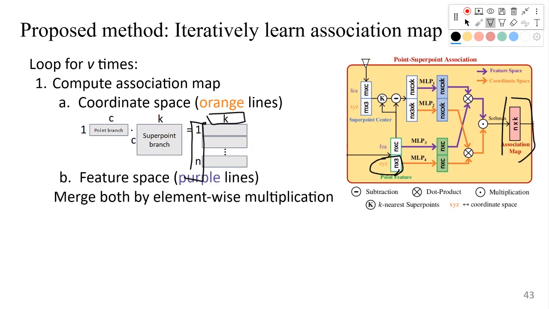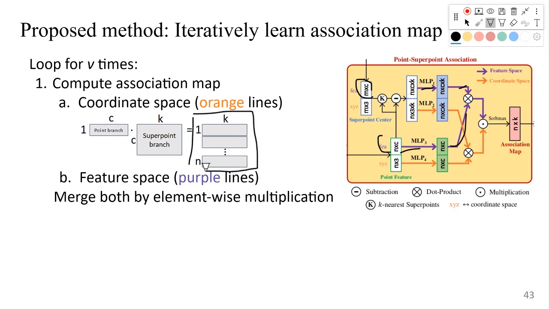Next, we also do the same, but using the purple lines here, which consider the feature space. The result is also an N by K matrix. And finally, this paper merges these two together by element-wise multiplication, and does softmax normalization. And finally, we have this association map here.